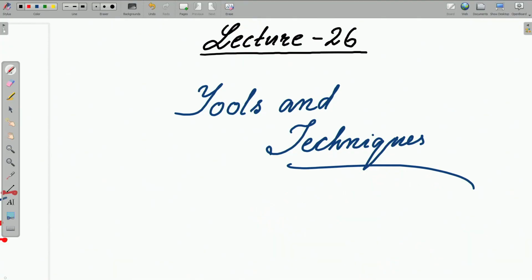By definition, immunotechniques are any techniques which use antibody as one of the reagents. So, any technique where we use antibody as one of the major or most important reagents, we call it an immunotechnique. Okay, so let us start. Today is lecture 26, tools and techniques.